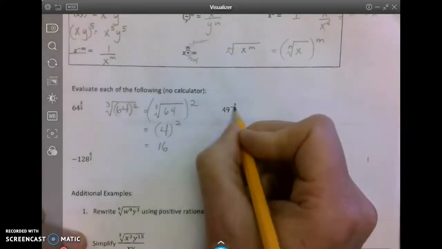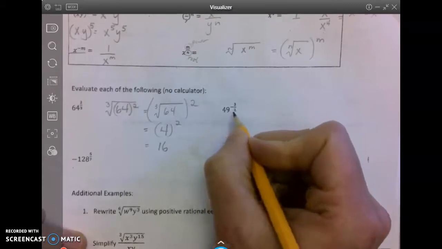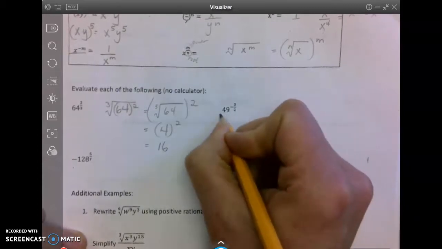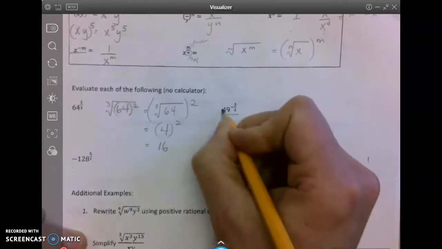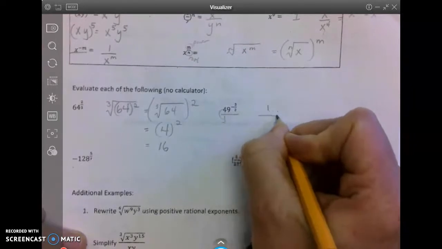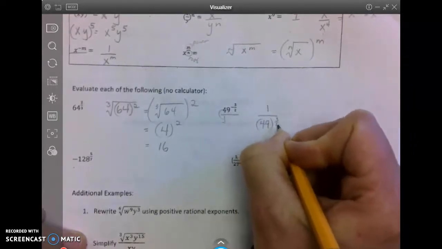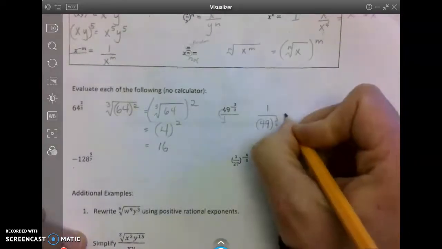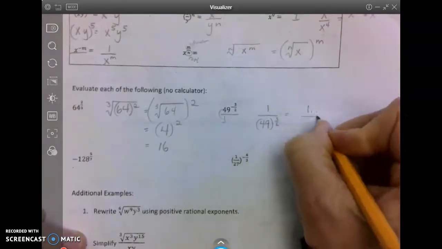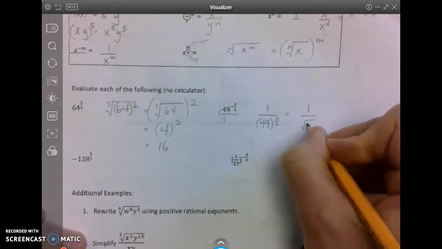We have 49 to the negative 3 halves. I don't like that negative 3 halves. I want it to be positive 3 halves. So I am going to draw my division bar and cross the line, which leaves a 1 in the numerator, and 49 to the 3 halves, which means 1 over the square root of 49, cubed.